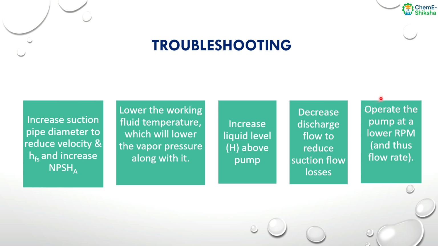And the last, operate the pump at a lower RPM, thus lower flow rate. If we operate the pump at a lower flow rate or lower RPM, then also we can increase the NPSH available. In this way, by increasing the NPSH available, we can ensure that NPSH available is always greater than NPSH required, and there is no cavitation.